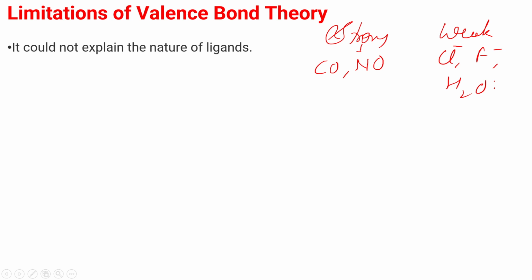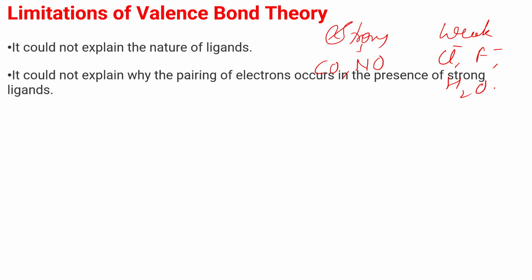But they couldn't explain why some are weak and why some are strong. They just said that depending upon the experimental magnetic moment value that they calculated, pairing occurs. So they could not explain why the pairing of electrons occurs in the presence of strong field ligands.